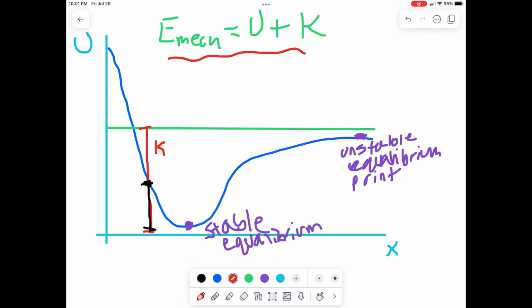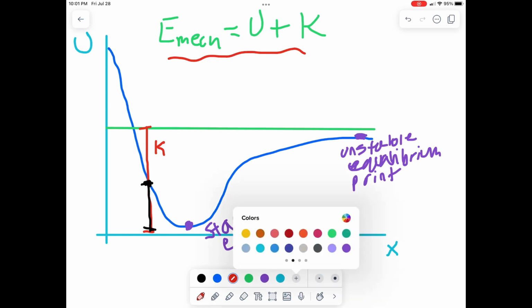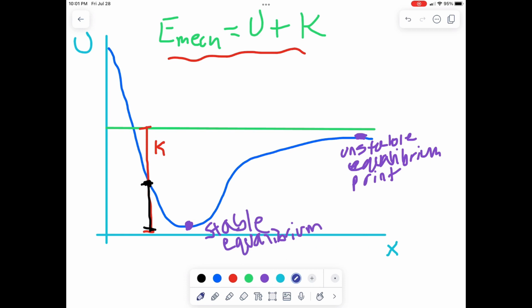Another thing to note about potential energy graphs is that from a potential energy graph, you can always find or sketch the derivative of the curve, or of the potential energy function, I should say.